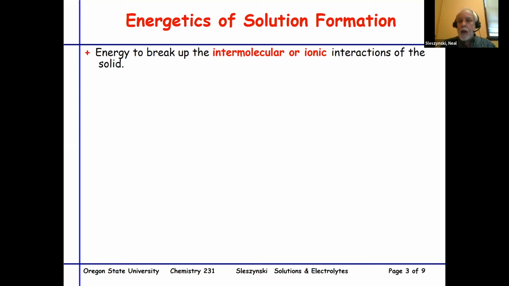The reason we have a solid material is there's some energy of attraction between our individual glucose molecules, an intermolecular interaction, or between cations and anions for something like sodium chloride. We can easily measure or calculate those interactions based on Coulomb's law for either full positive or negative charges, as we have for ionic compounds, or partial charges for intermolecular interactions.